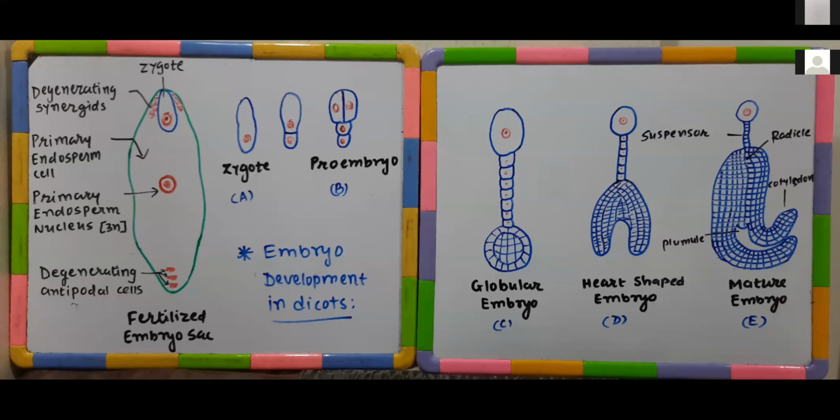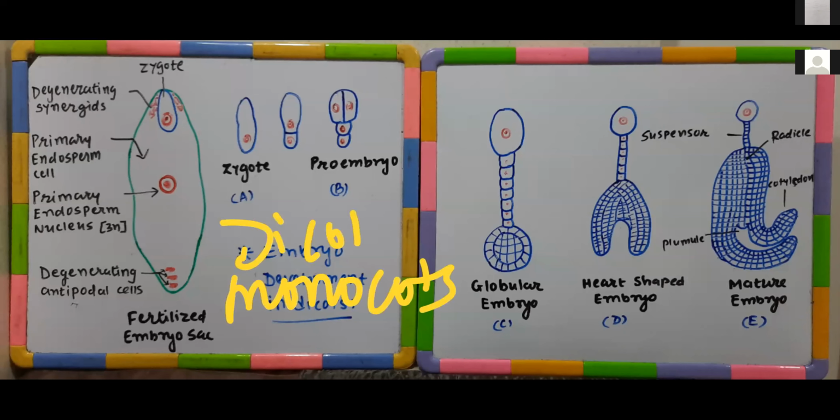The pattern of development of embryo differs in plants in later stages. In early stages of embryo development, there is some kind of a similarity. We have monocot plants, we have dicot plants also.